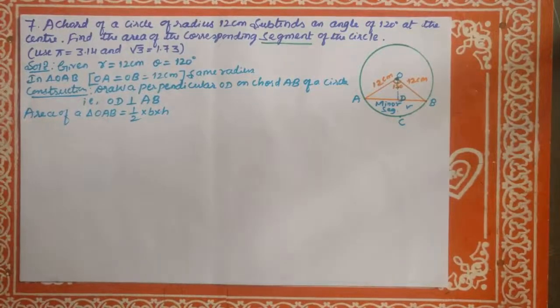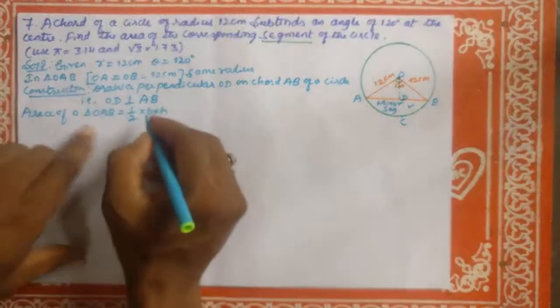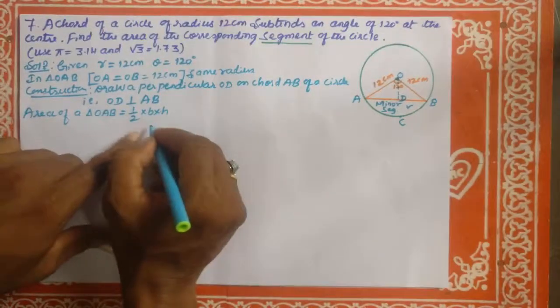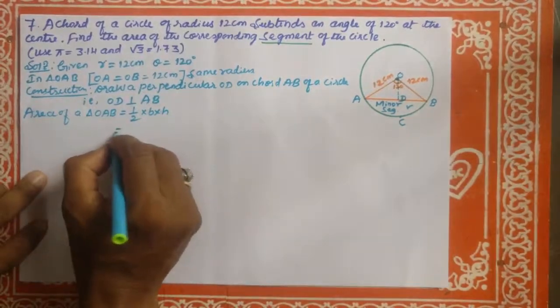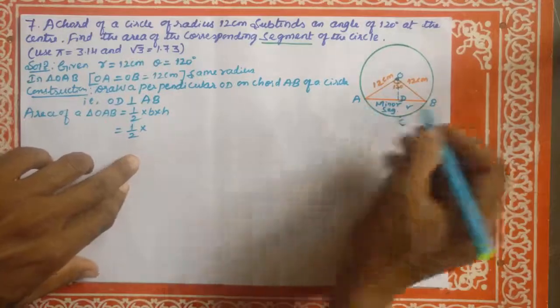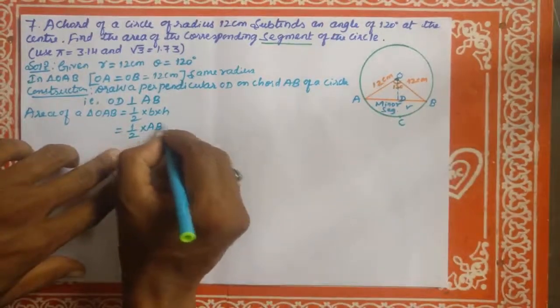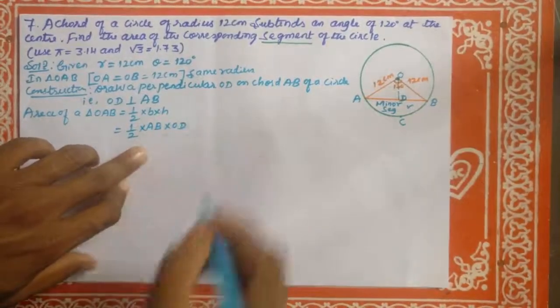We have constructed here, right? Half into base into height. See here, area of triangle OAB is half into base into height, that is half into base AB into height OD, right?